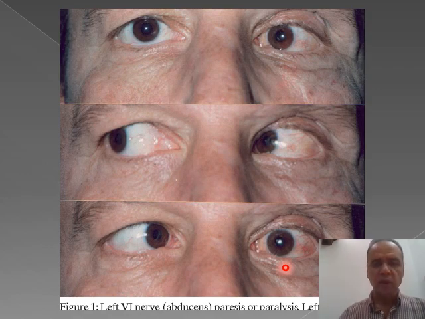And if the cause is permanent, there is no hope for spontaneous recovery of the sixth nerve. Then you can shift your patient to the ophthalmic department for surgical correction. Surgical correction should be delayed until 6 months to 1 year, until there is no hope for spontaneous recovery.